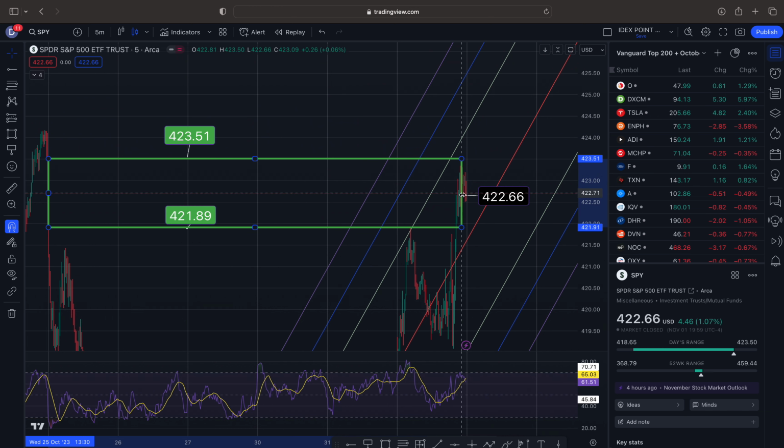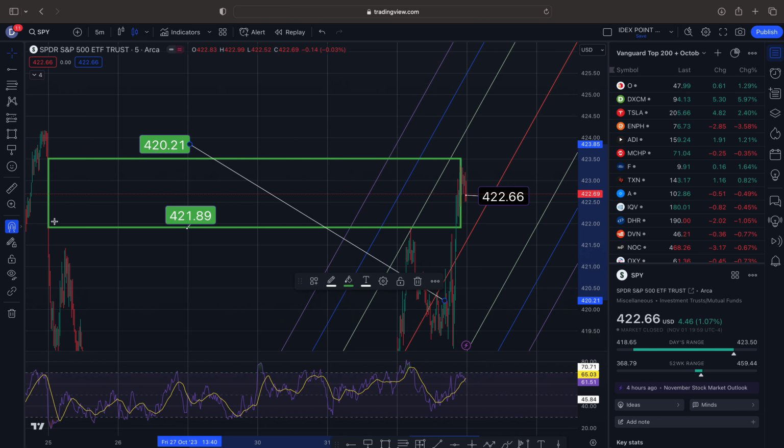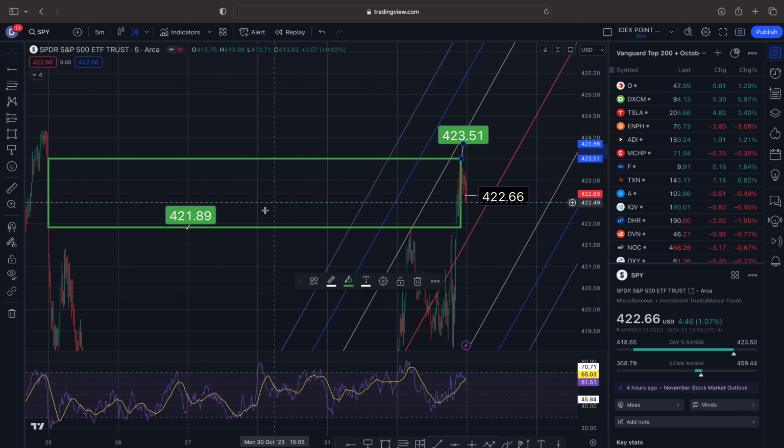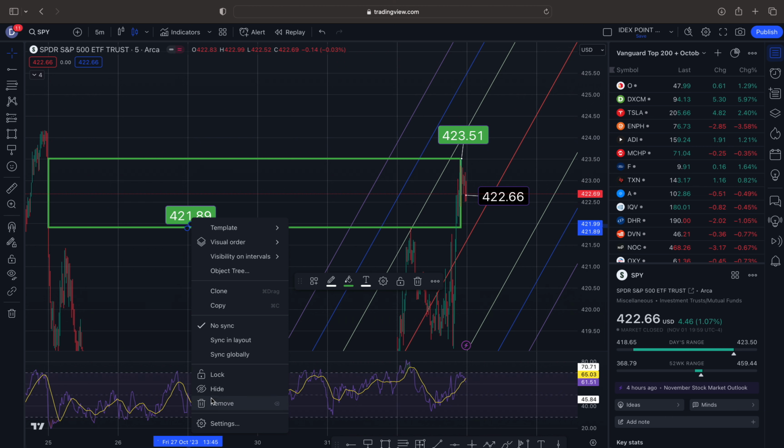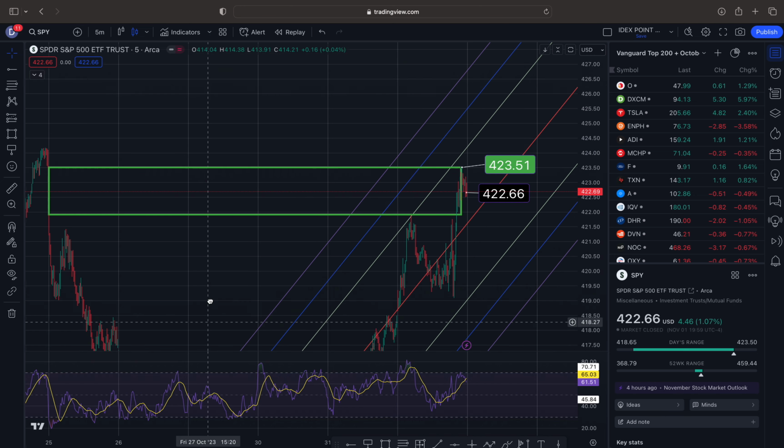We just touched it right there. 423.50, 51, close enough, right? So that gap is no longer in play. Let me remove my magnet. All right, this is gone. So that, as I mentioned, is done.